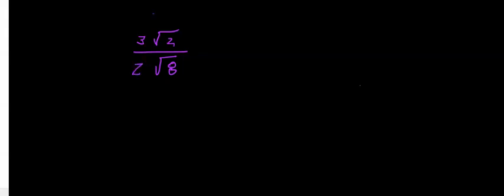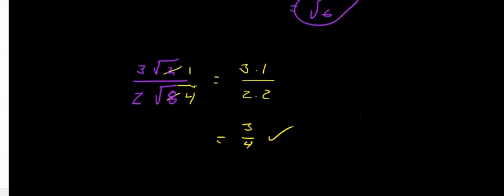We can simplify this 2 and this 8. Because they are both in a radical, we can reduce it. 1 and 4, and we end up with 3 times 1 over 2 times 2. Square root of 4 is 2, or 3/4. And we're done.